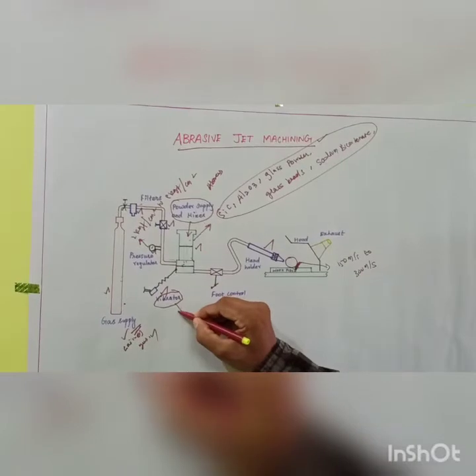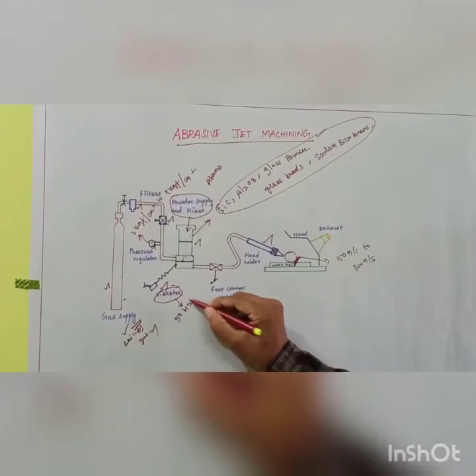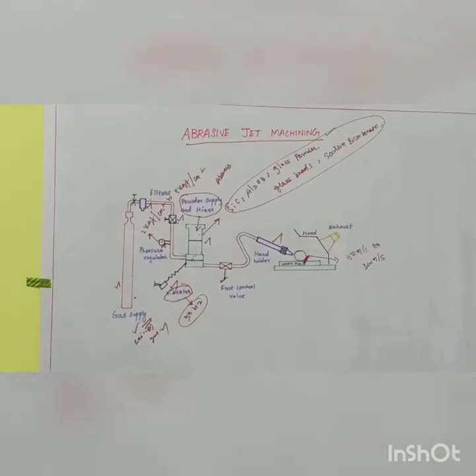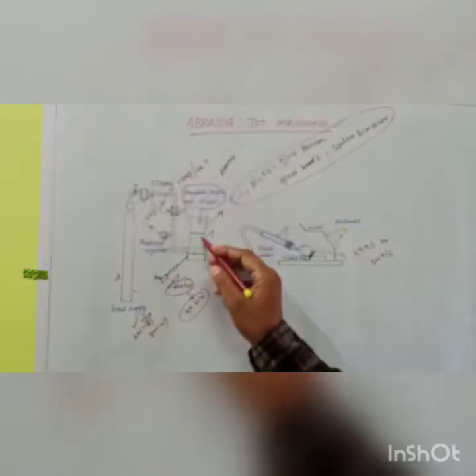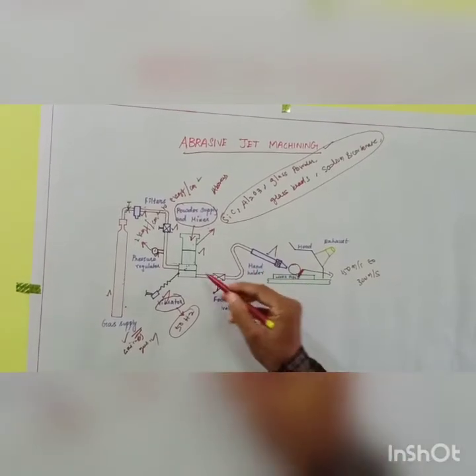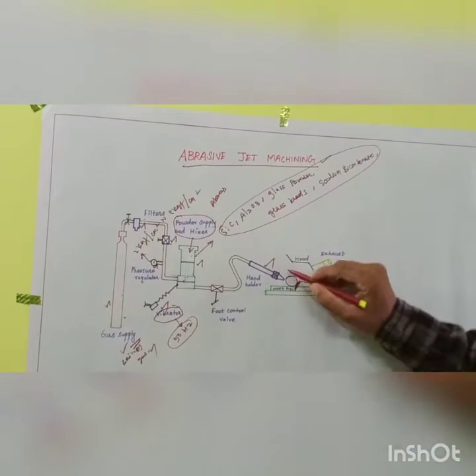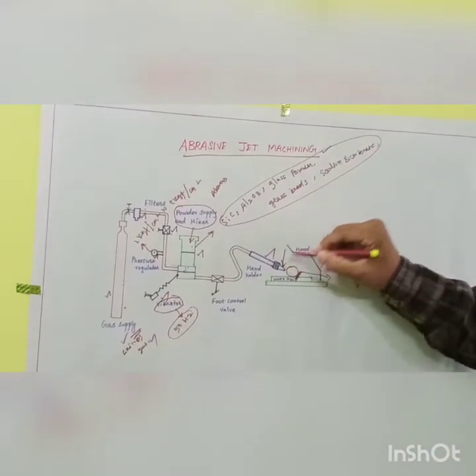The vibrator may be 50 hertz. This vibration happens for proper mixing of abrasive and air, and the high velocity abrasive particles pass to the nozzle.